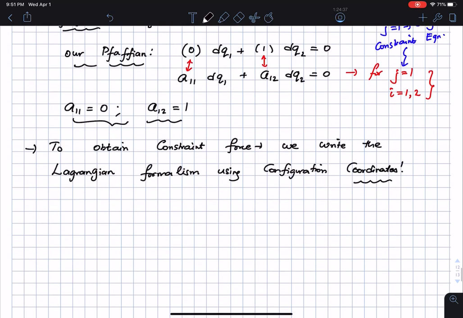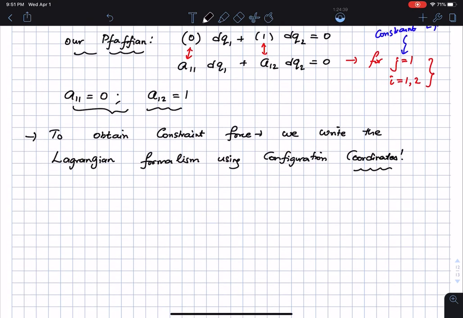Okay, so we now say the following. We introduce a multiplier, and this multiplier is going to be called lambda.